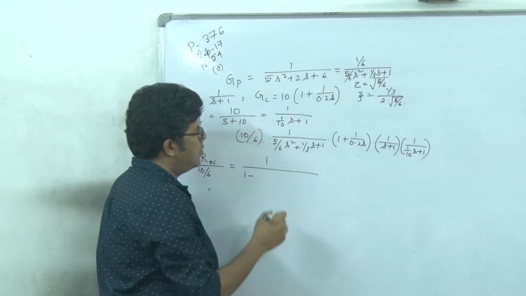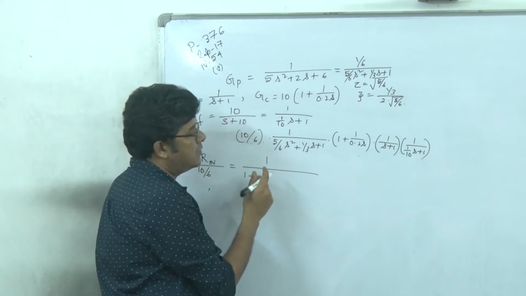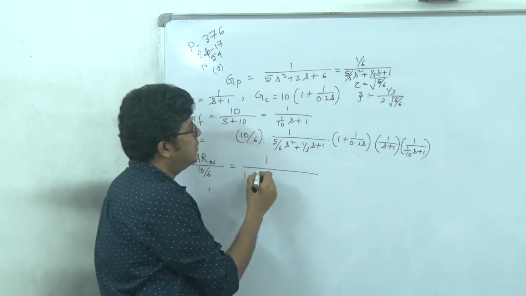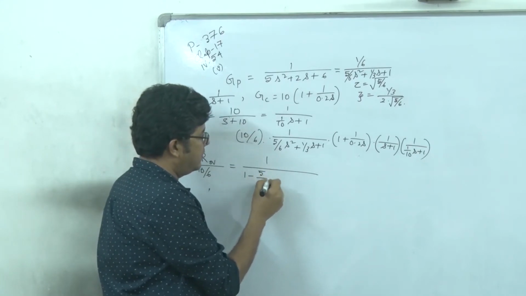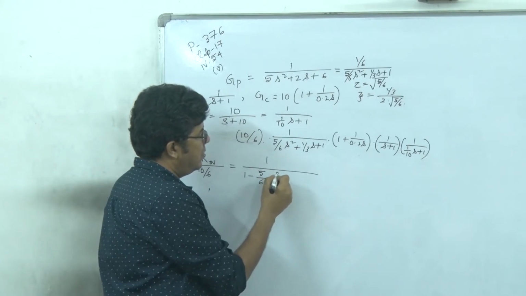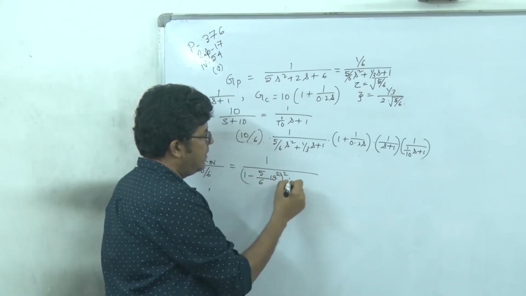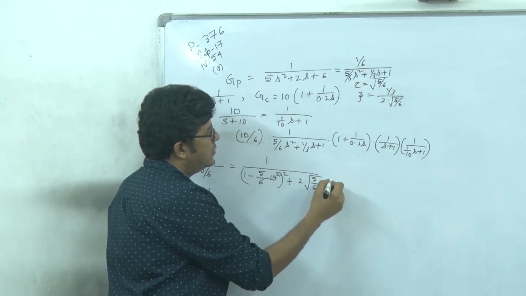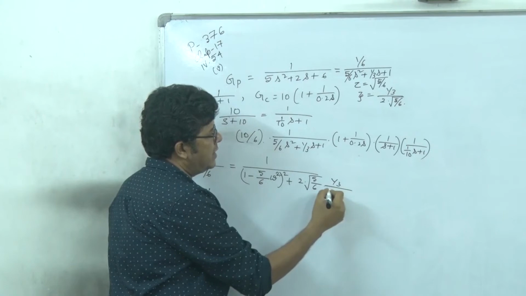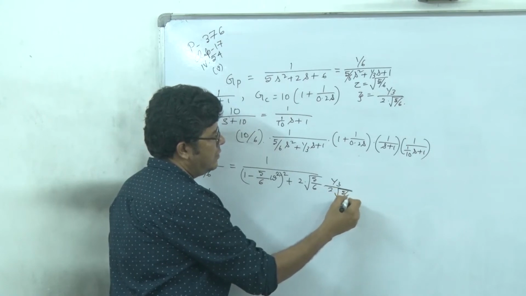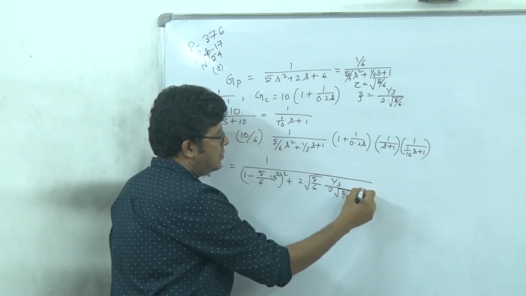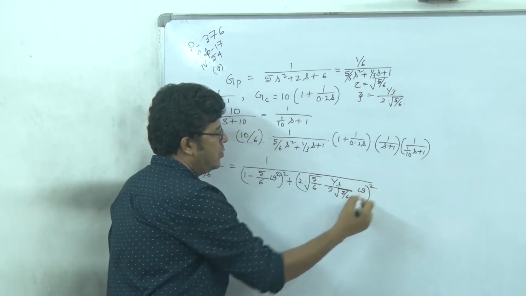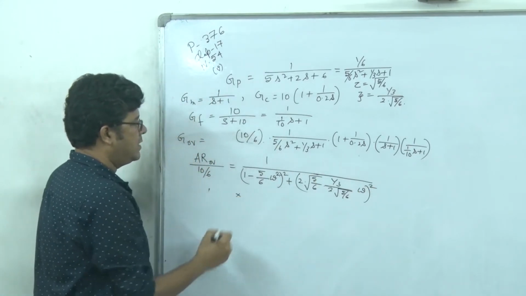So 1 minus tau square omega square, whole square, where tau square is 5 by 6, plus (2 tau zeta omega) whole square, multiplied by this PI term. I'm not doing the calculation, but still we can actually solve.